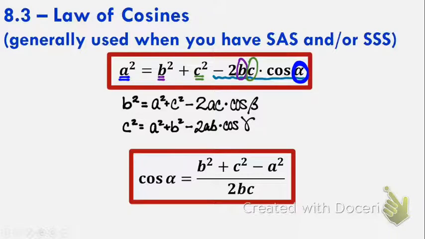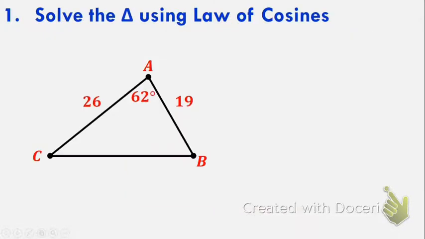All right. So let's break out an example problem. We are going to solve the triangle. What does it mean to solve the triangle? Yep. Find all the missing parts. So let's figure out what we've got.